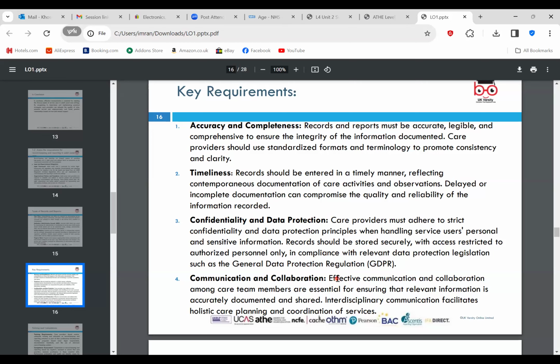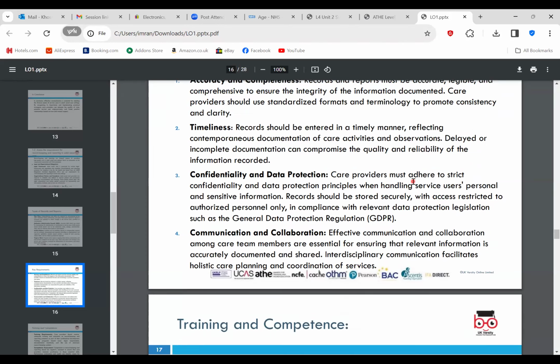And obviously, there will be people who want to know about their adult loved ones, but you have to know whether you have the authority. How much do you want to share, or how much are you allowed to share with them? Communication and collaboration is very important, and we mean not just with service users, but also interdisciplinary communication with other disciplines, which helps a lot.